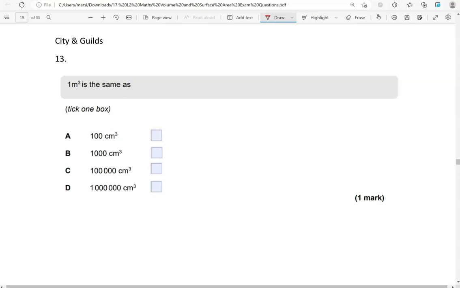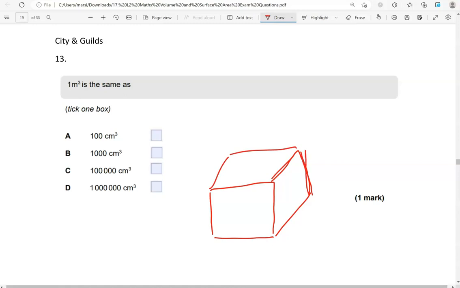We've got to take the correct one, so I'm just going to quickly draw a cube. Side length is 1 meter. So I'm going to convert them into centimeters. 1 meter is 100 centimeters.